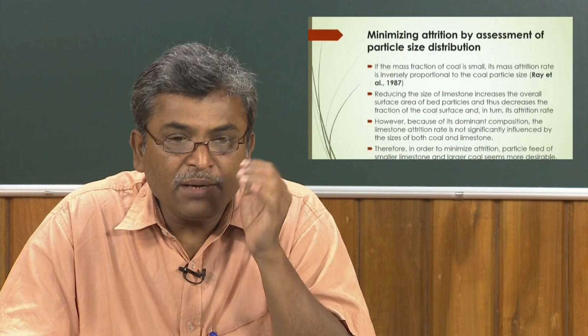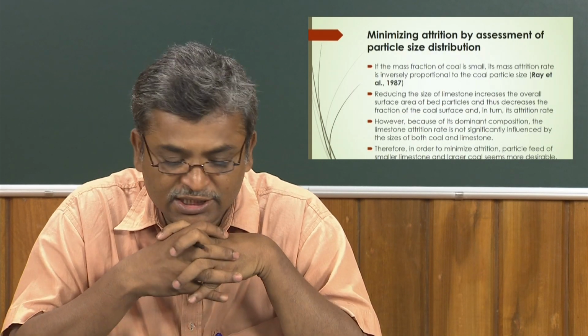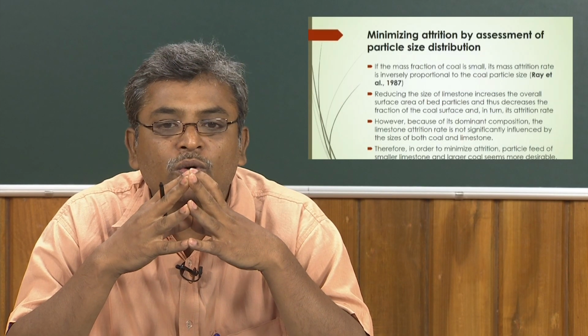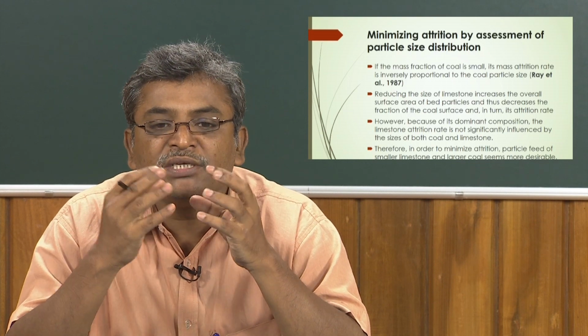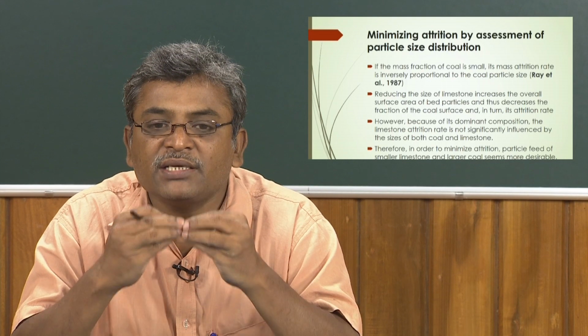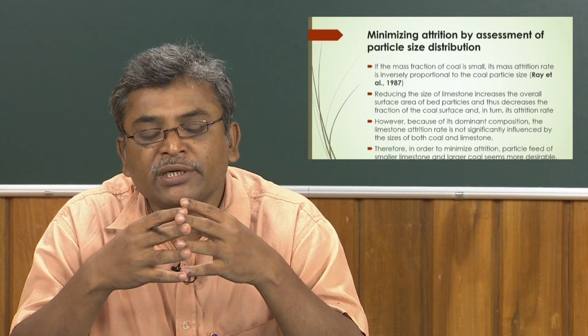Sometimes you can minimize attrition by assessment of particle size distribution. If the mass fraction of the coal is small, then the mass attrition rate is inversely proportional to the coal particle size. That means if your size is less, then your attrition rate will be higher.